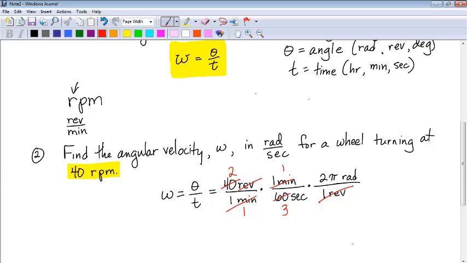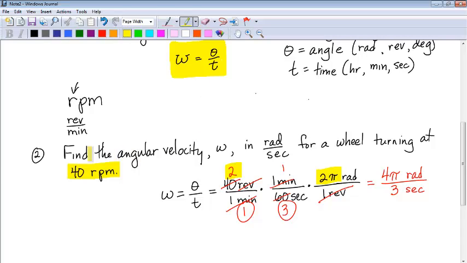Is that it? Then you may want to circle or highlight what you still have left. Multiply across on top, and I've got 4 pi radians. Multiply across on the bottom, over 3 seconds. So 4 pi radians in 3 seconds.